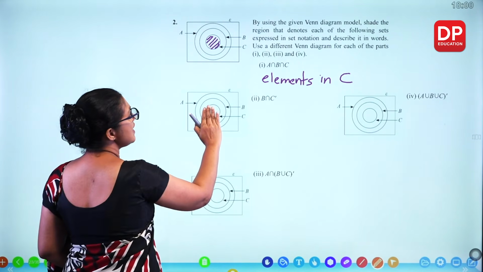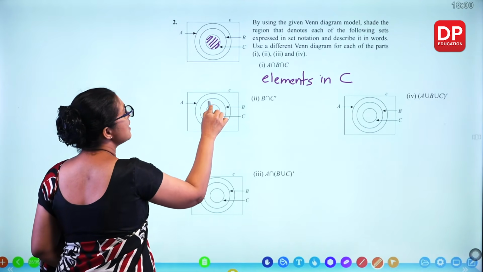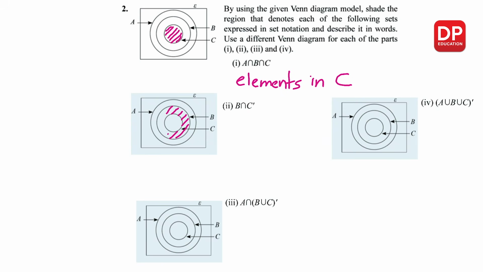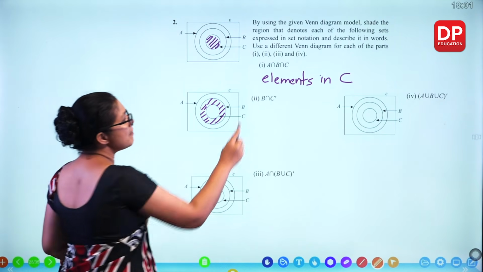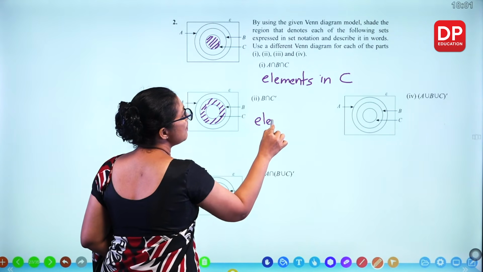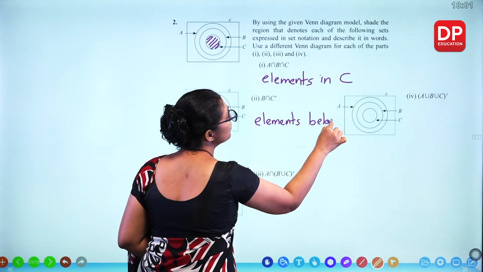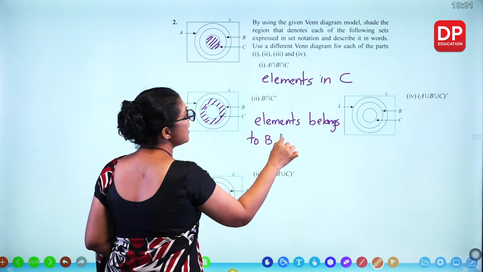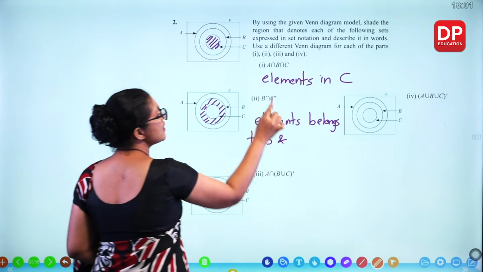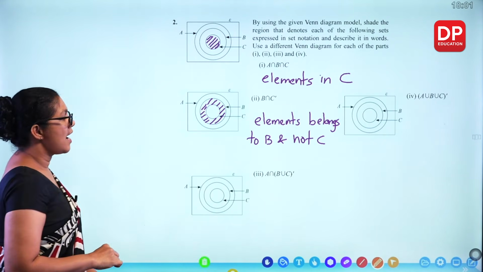That means C dash means outside C but inside B. You need to color this part. So what's that? Elements belonging to B and not C. We can write not C for C dash.